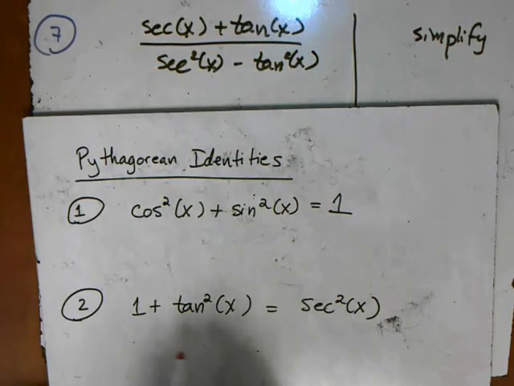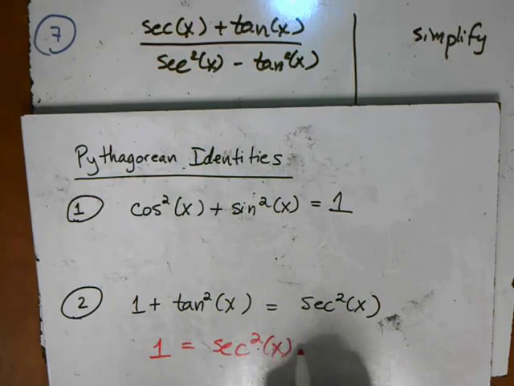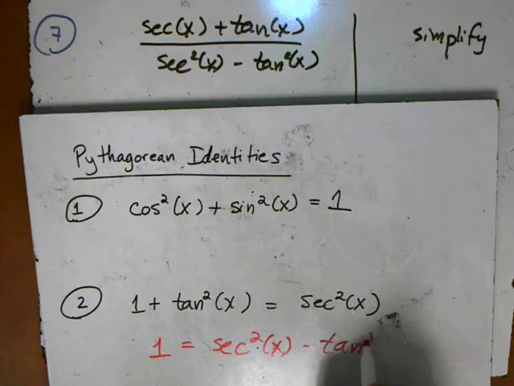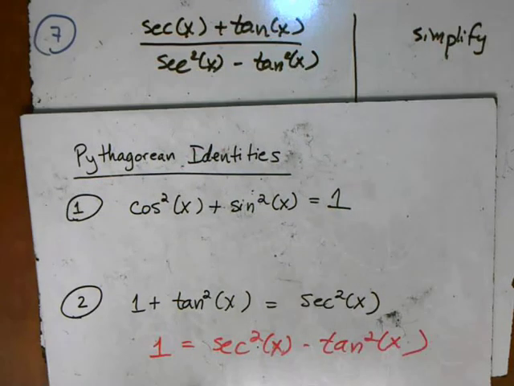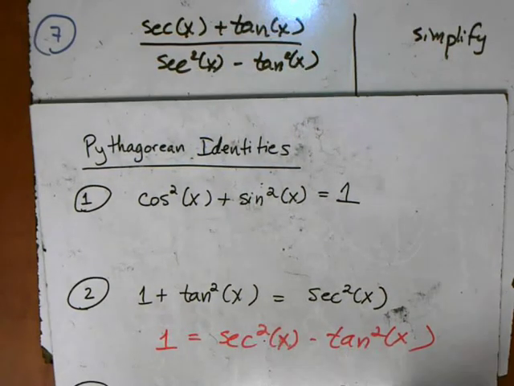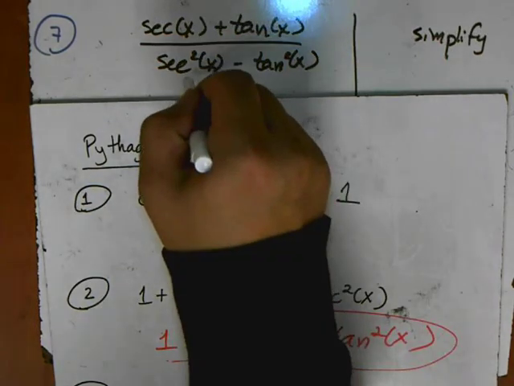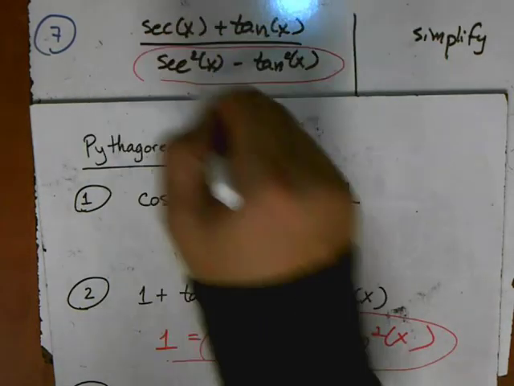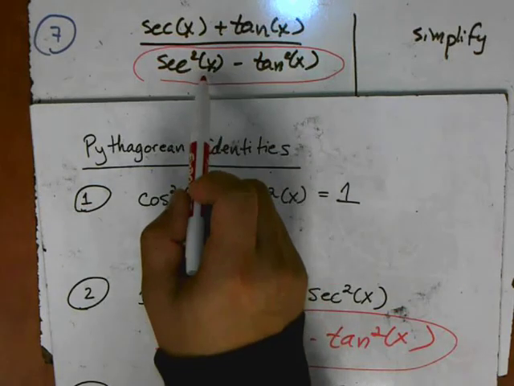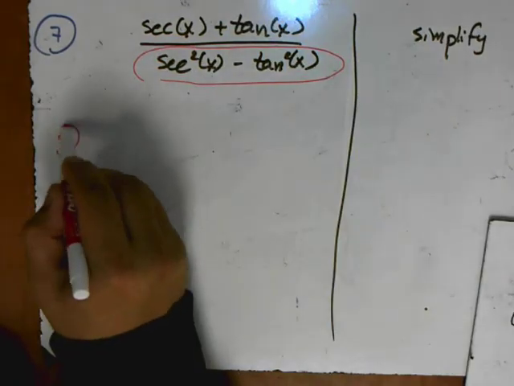So what I could do is subtract tangent squared from both sides, and this gives me secant squared minus tangent squared is equal to 1, which, if you notice, this part is the same as what I have right here in the denominator. So instead of this expression, I can just replace it with 1.